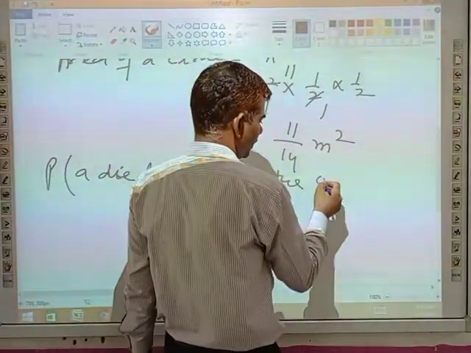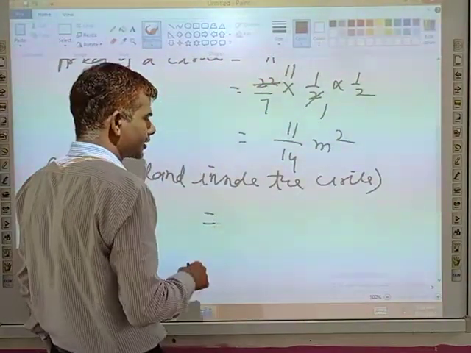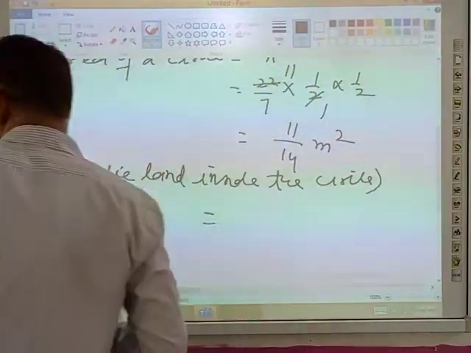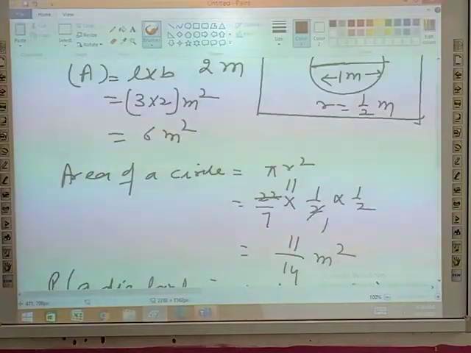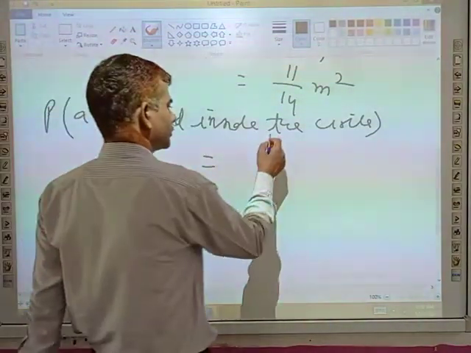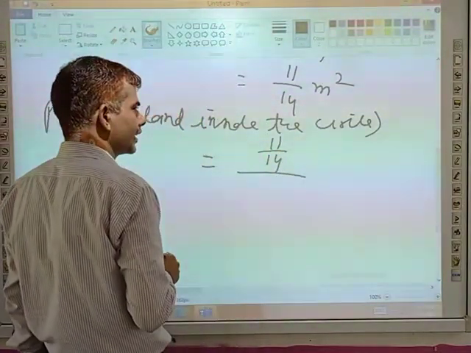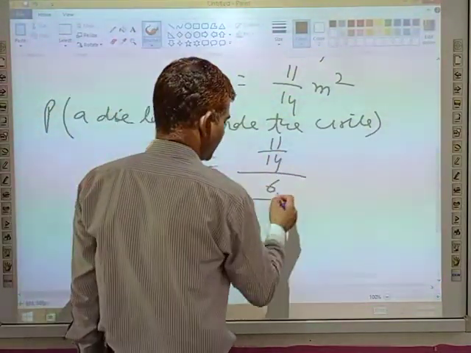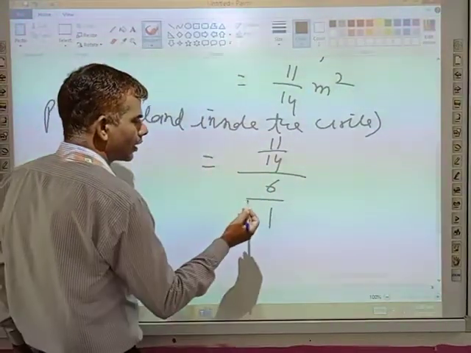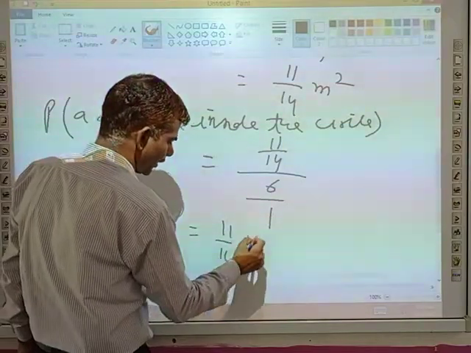Your area of circle is 11 by 14 and your area of rectangle is 6 by 1, reciprocally 1 by 6.